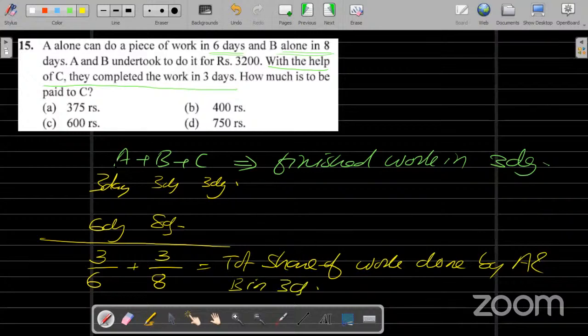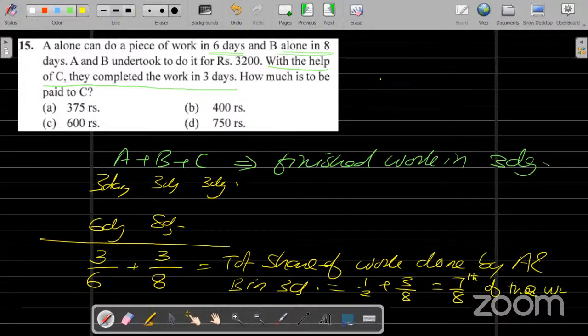That is 1/2 plus 3/8. 3/6 will be 1/2, right? 1/2 can be 4/8 plus 3/8, 7/8. So in those 3 days, A and B together finished 7/8 of the work.